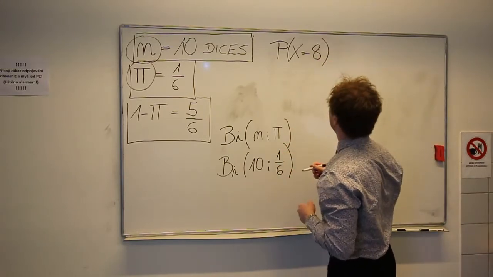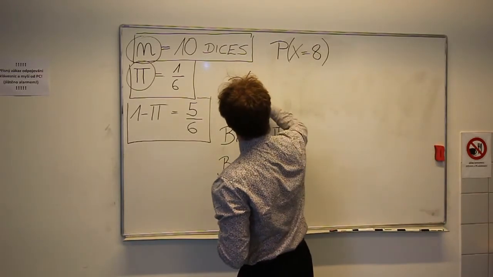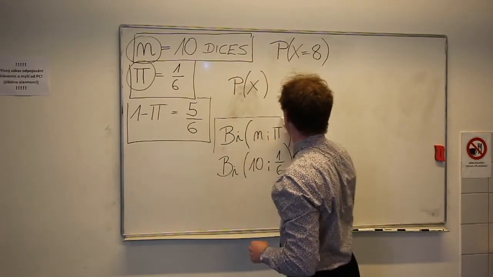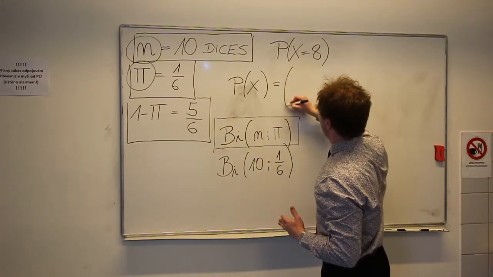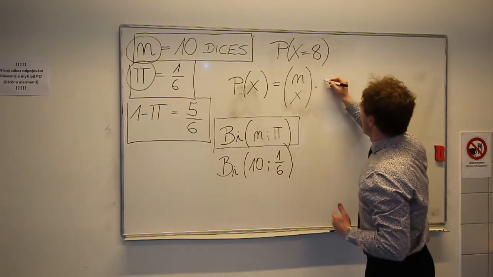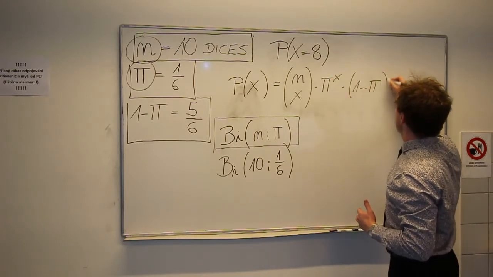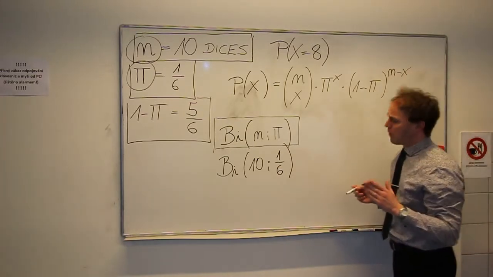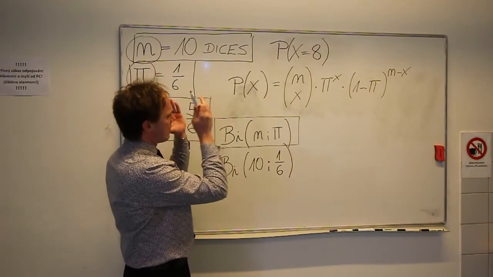Okay, if you check the probability function of binomial probability distribution, you will see that there is combination number n above x, times p powered by x times 1 minus p powered by n minus x. Maybe you remember from previous seminar that we already saw something like this function.